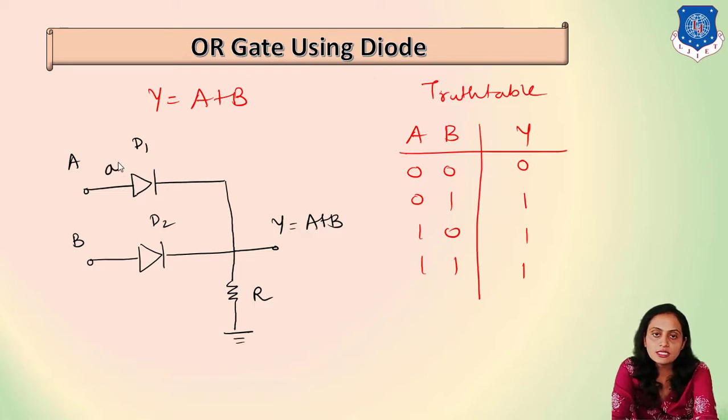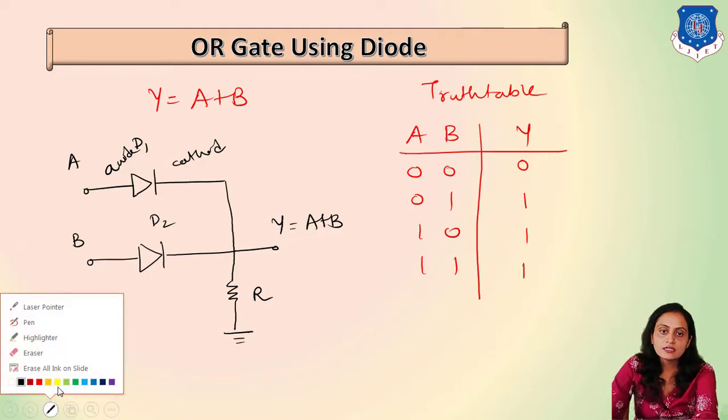If this is the anode terminal of the diode and this is the cathode terminal of the diode, if this diode is forward biased, then it will be on, and if it is reverse biased, then it will be off. So this logic you have to keep in your mind.